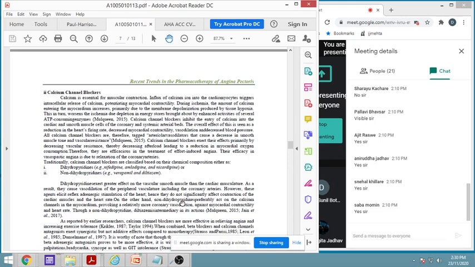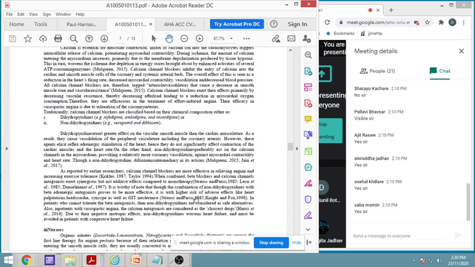Then the next one. We have seen one more thing: they are very important and very effective, because they work in both ways. Because of vasodilation, including coronary vasodilation, there is an increase in blood flow, while other vasodilation will cause a decrease in preload and afterload, and because of that it works on both important phases of the cardiac activity.